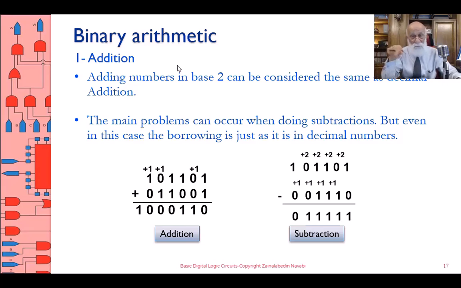We are not going to be talking about multiplication because multiplication in a way is repeated additions. The same thing with division, which is repeated subtractions. So the focus mainly is on addition and subtraction. Let's take two 6-bit numbers, just because the numbers I'm showing fit in 6 bits.